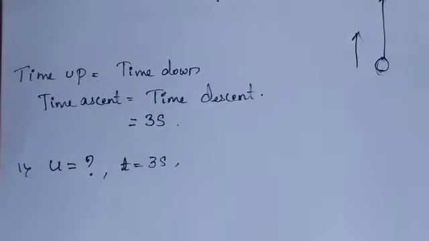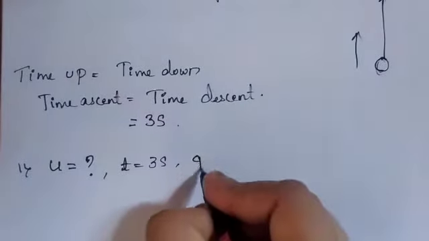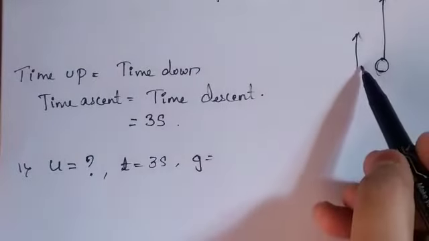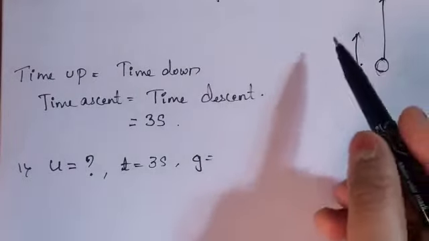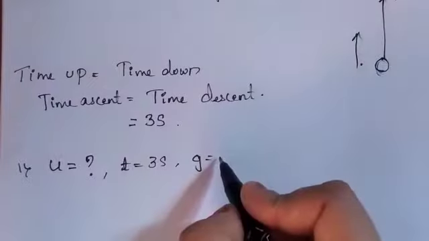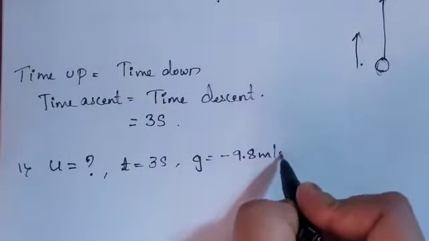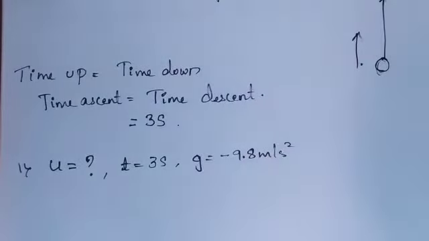Now time is given, and the G value: if the ball is thrown upward, the value of G will become minus 9.8 meter per second square, because it is against the gravitational force. Gravitational force acts vertically downwards.